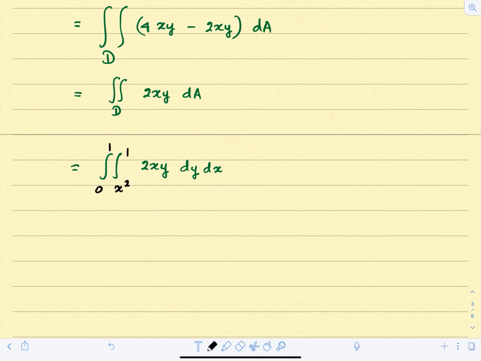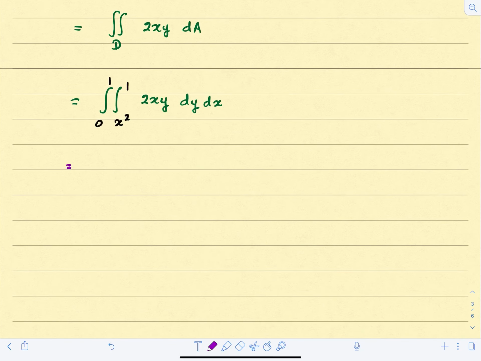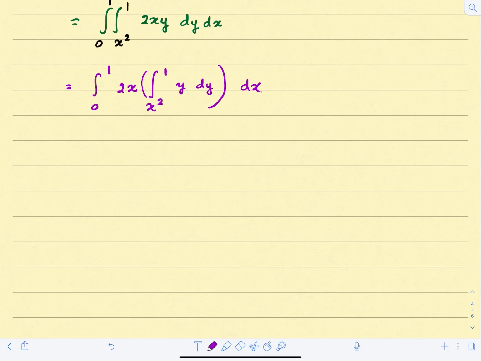Okay, now let's evaluate this integral. From 0 to 1, we can pull out 2x from the inner integral because my first variable of integration is y. If you integrate y with respect to the y variable, you will get y squared over 2.